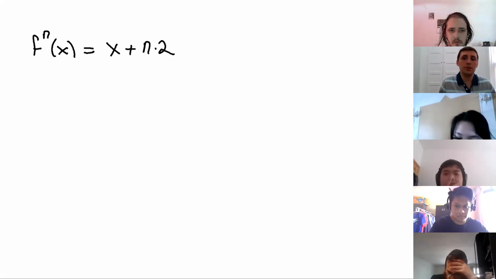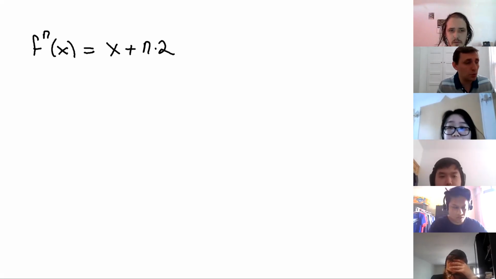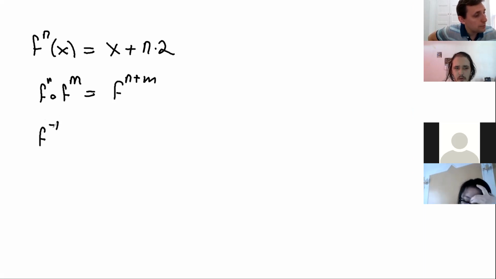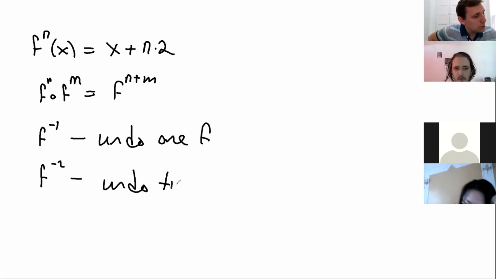Okay, so because we have this composition rule, that f to the n composed with f to the m is f n plus m, we can think of f inverse, f minus 1, as undo 1 f. f minus 2 means undo 2 f in the composition, if it's possible.